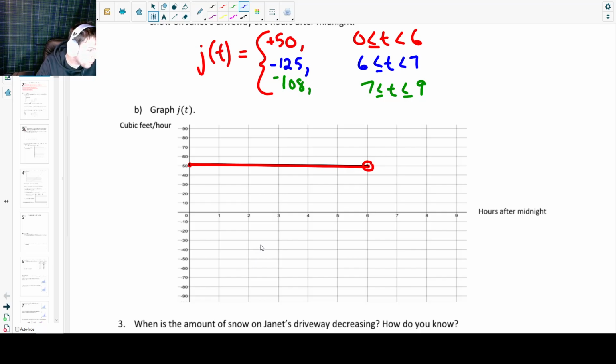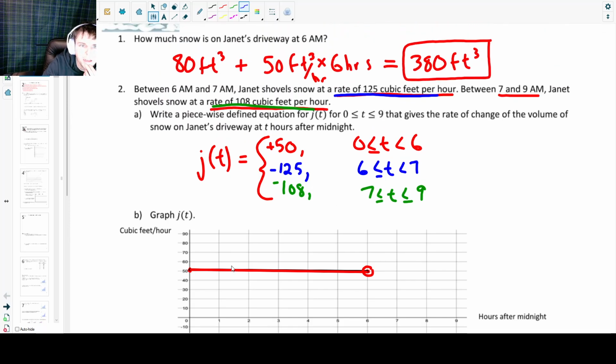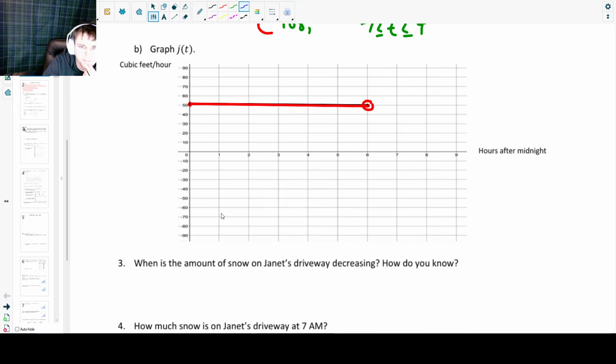Cubic feet per hour. That doesn't really fit on my graph, does it? I need a bigger graph here. Well, let's just scale this down and make do. All right. So that would be 100, 110, 120, 130.